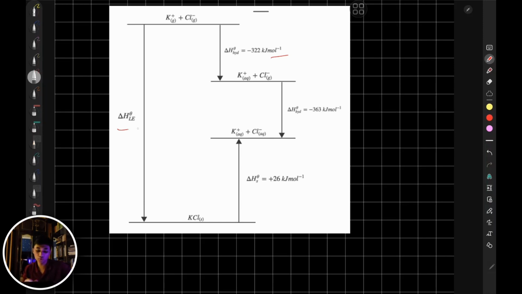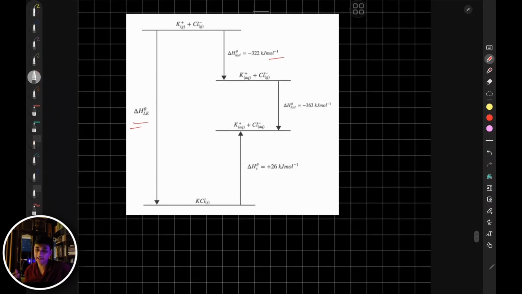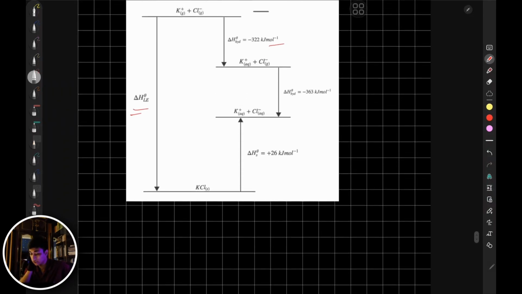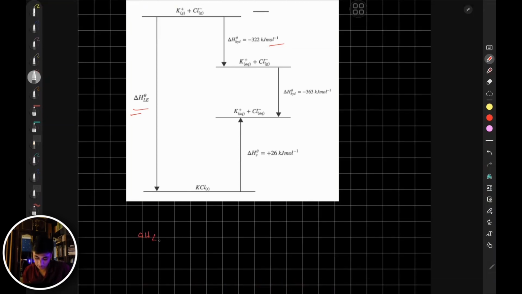So let's say you don't know, in this case, the enthalpy change of formation for the lattice structure. In this case, you can write del H L plus del H S is equal to del H hydration of K plus del H hydration of Cl minus.